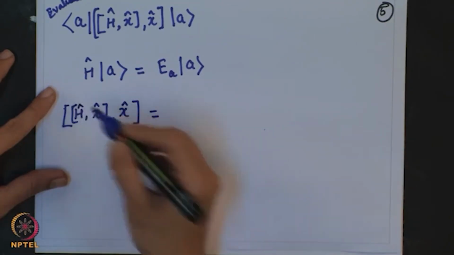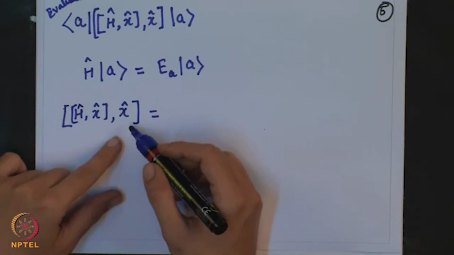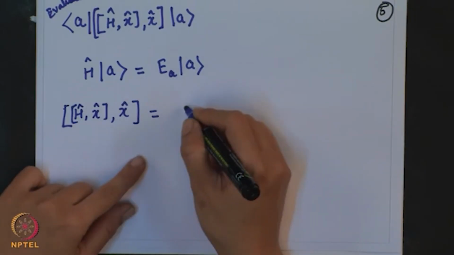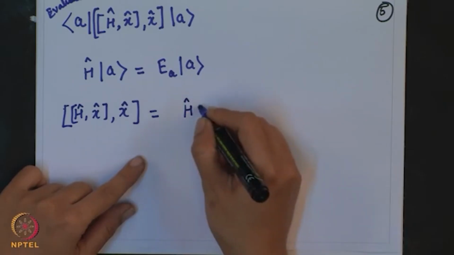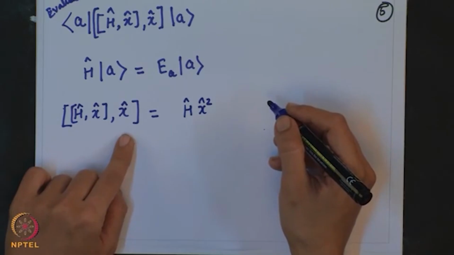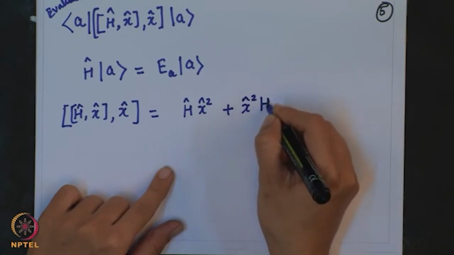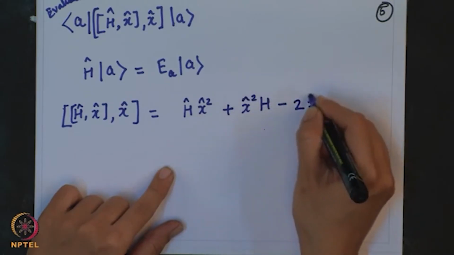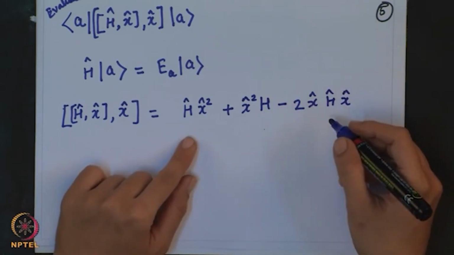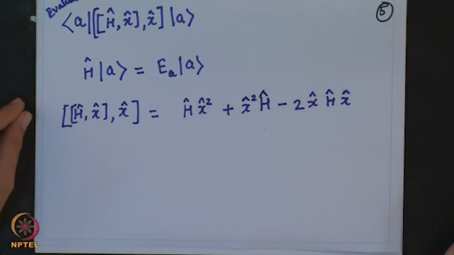So, let us take this: the commutator of H and x, commuted with the position operator x, will be H x squared. When you simplify this commutator bracket, this is what you obtain. It is one more step which I have skipped. So, you can simplify this in this manner.